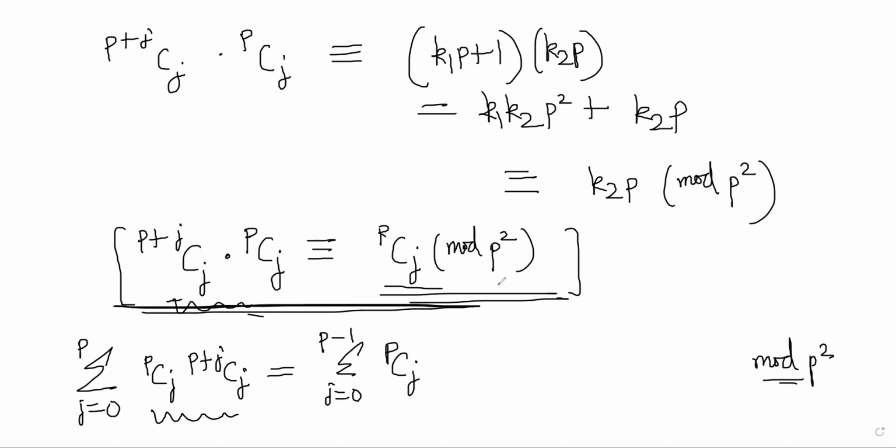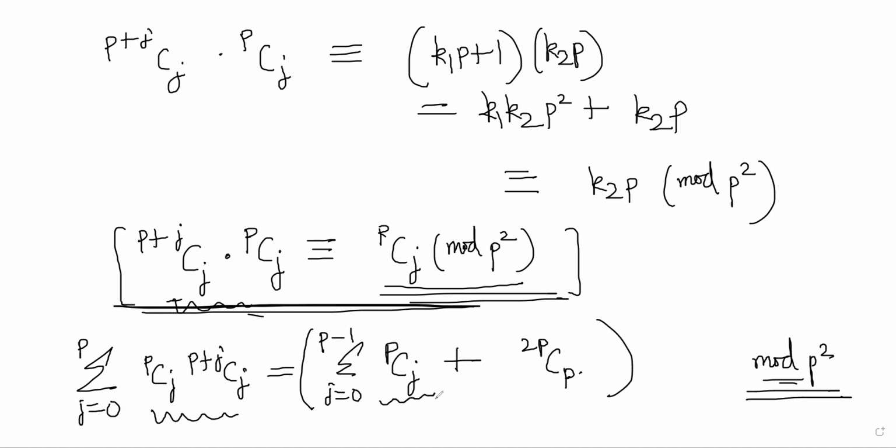I'm going to do the summation till p minus 1, because for the last term, when j is equal to p, this becomes simply 2pCp, because it is pCp plus 2pCp. Great. So we are getting this mod p square.